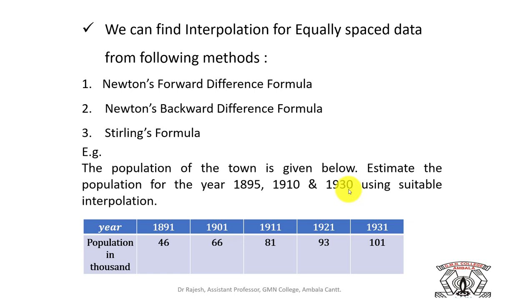Either a numerical based upon them comes, or the derivation of these formulae, and sometimes we are asked to find what is equally spaced data. That comes as a very short answer type question, of one mark. So we have to go through this topic very thoroughly and understand every aspect of it, and then try to understand the idea.